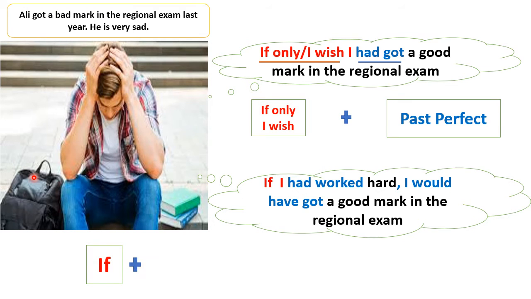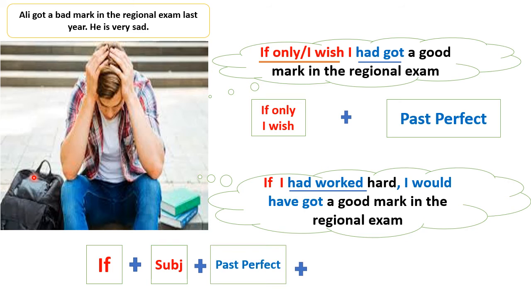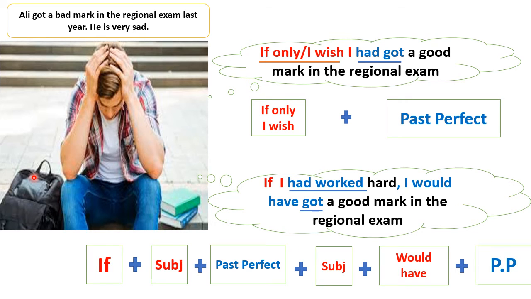So we have if plus subject plus the past perfect, then subject plus would have plus the past participle of the verb. So this is conditional type 3. Okay, so far we use the past wish form, or conditional type 3, to express regret. Good.